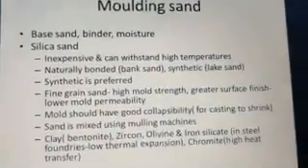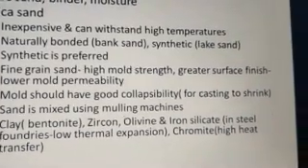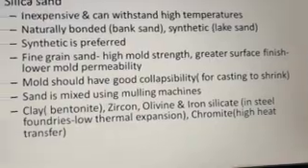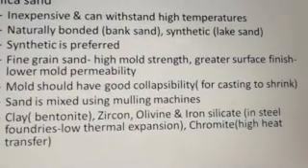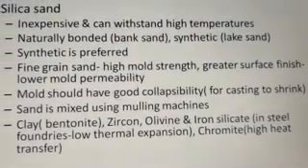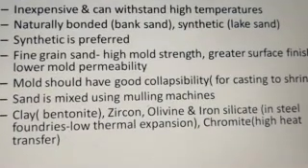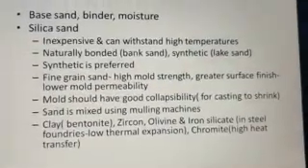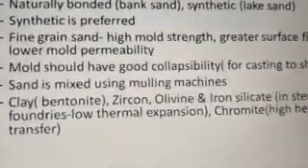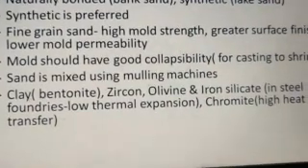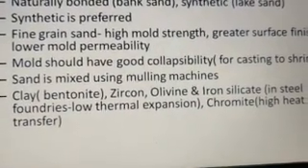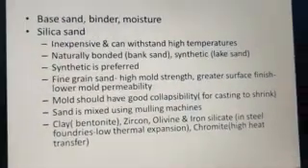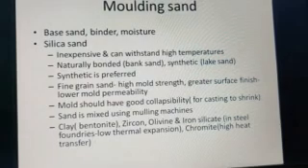We rather prefer fine grain sand with lower mold permeability, so that it mixes and bonds highly with clay. Sand can be mixed by hand, or in case of large manufacturing, we can go for a mulling machine to ensure that the mixing is done uniformly with sand and clay, and also with water or other additives. And these are the constituents of molding sand.